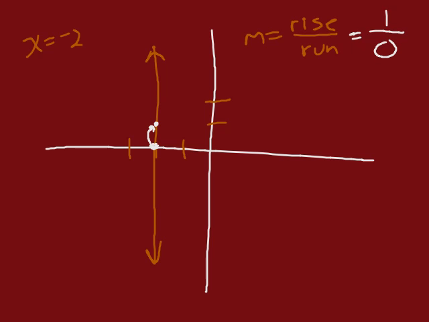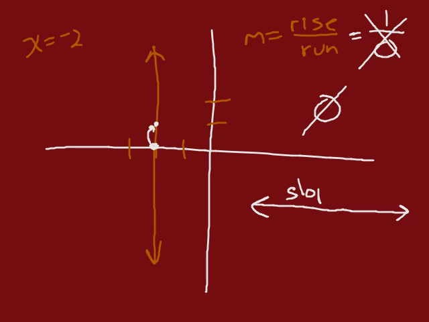What's the problem with this? You can't divide by 0, right? That is an impossible problem. And so the way we describe this is we say that there is no slope. Okay, so this is really, really important. If you have a horizontal line, the slope equals 0.